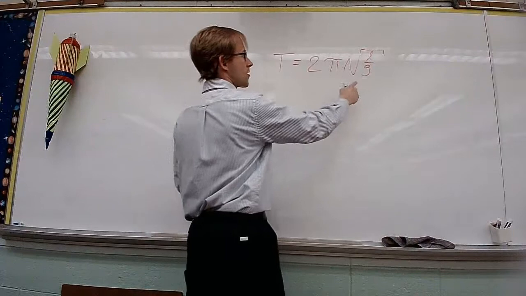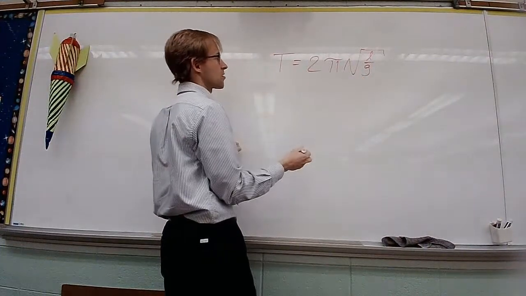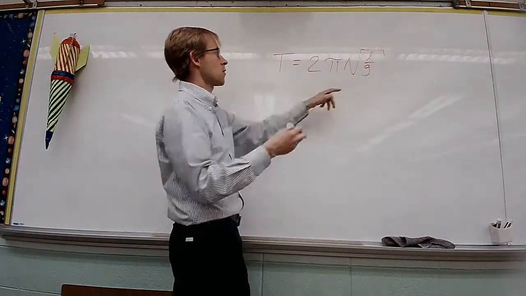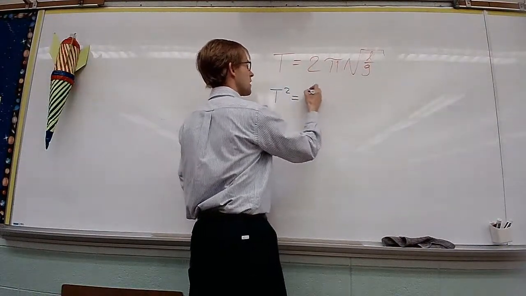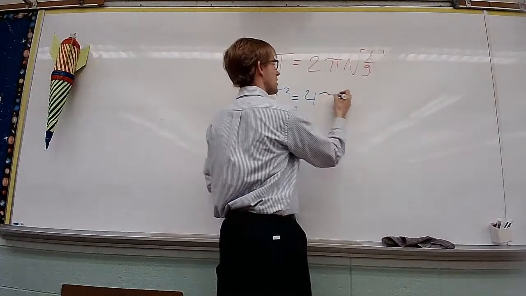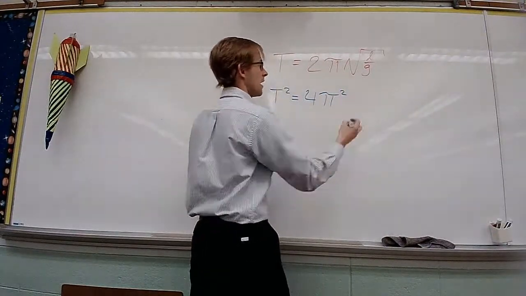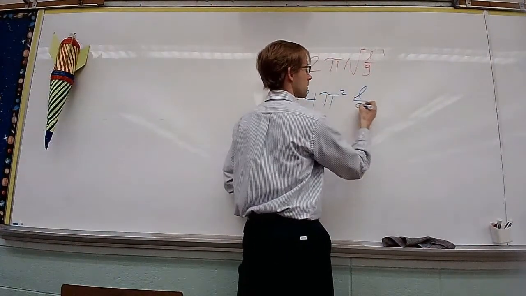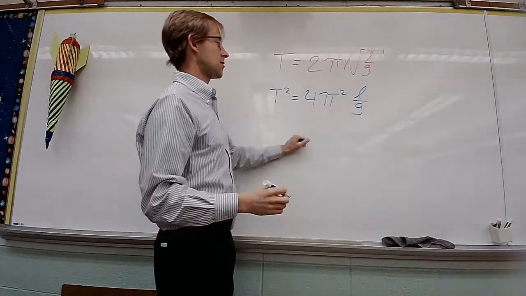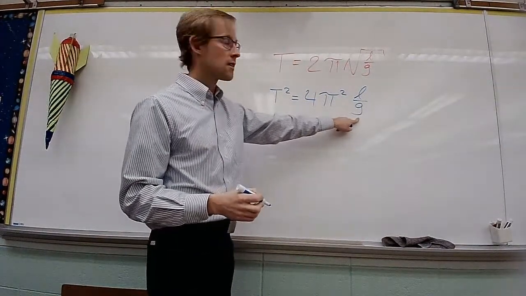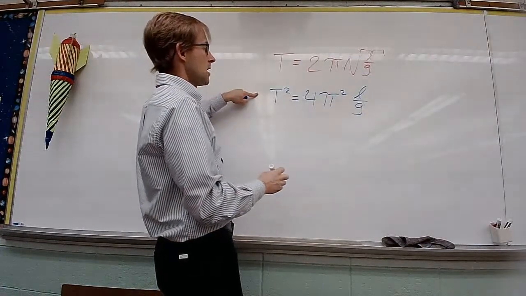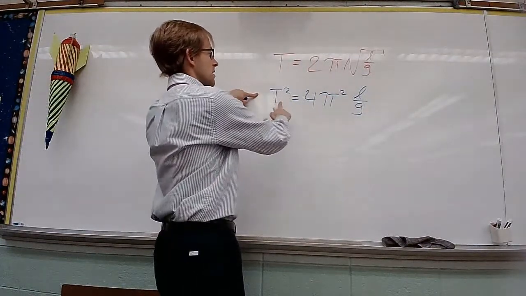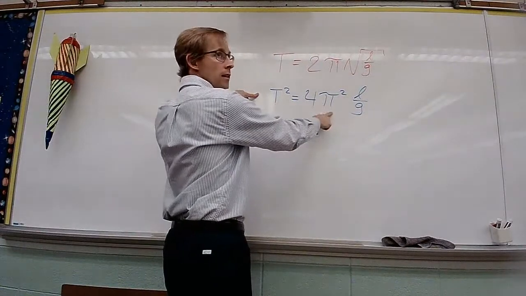So if I want to solve for g, I've got to square both sides to get rid of the square root sign. 2 becomes 4, pi becomes pi squared, and then we just have regular L over g. So now if I want to solve for g, I would just think of multiplying both sides by g, and then I'd want to divide both sides by T squared.